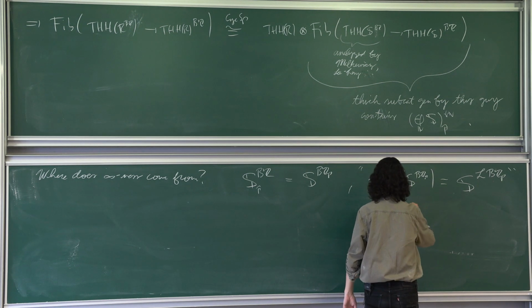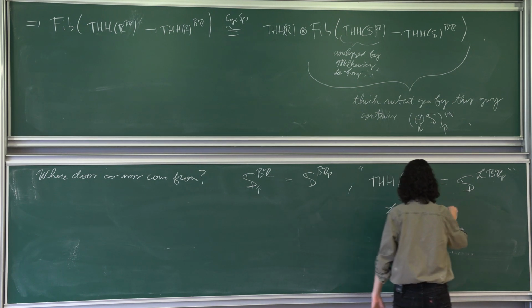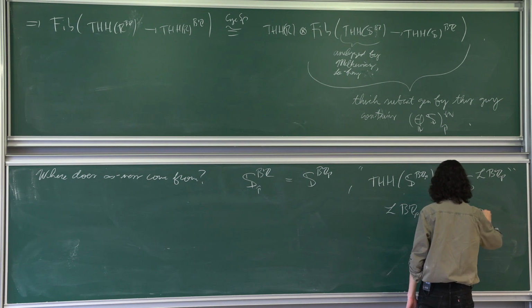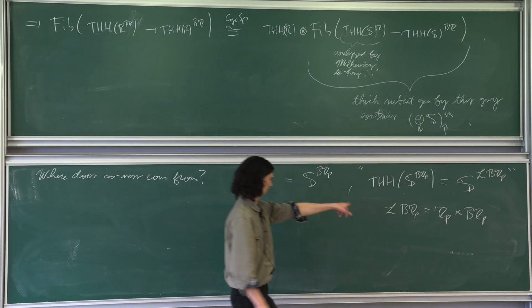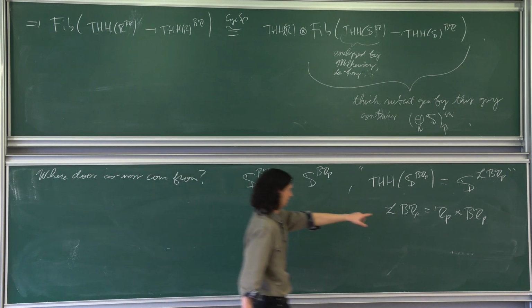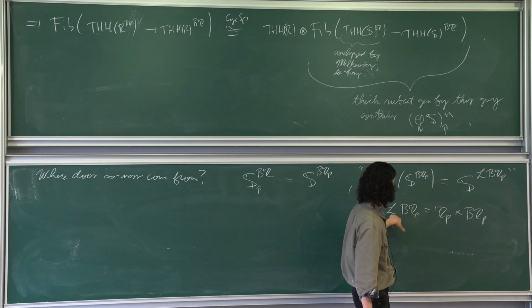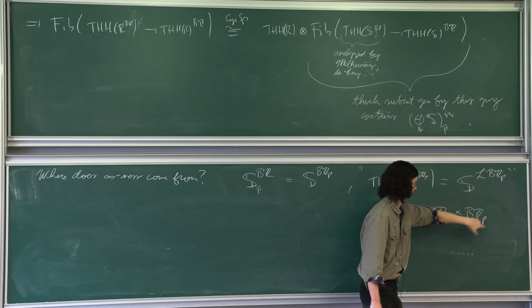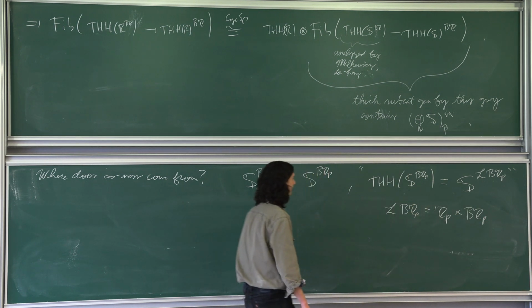And then LBZp is, morally speaking, Zp cross BZp, using the group structure on BZp. So this is like the pi1, and if you fixed a base point, you'd be getting this, but you're not fixing a base point, so you also have a choice of base point floating around, and it's split.